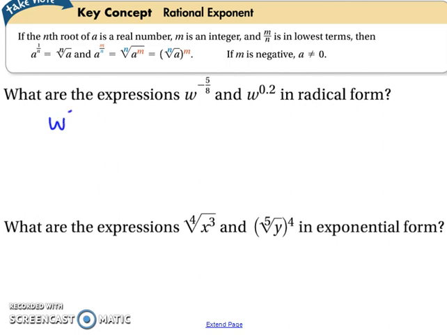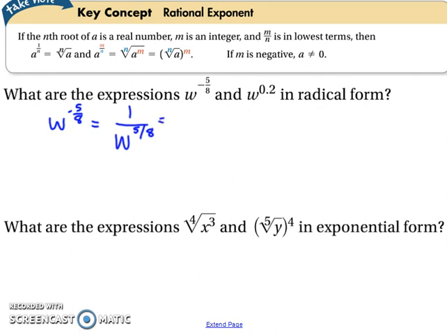If we want to write that in radical form, the same rule applies with exponents as with rational exponents. You can't have a negative exponent. So if I have a negative 5/8, that has to get rewritten as 1 over w to the positive 5/8. It's the same idea that it's going to the bottom.